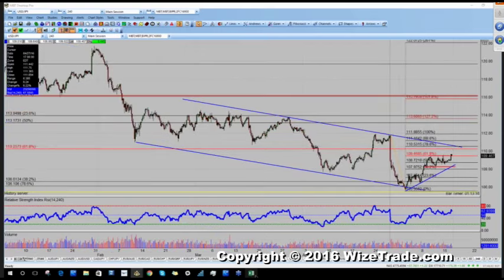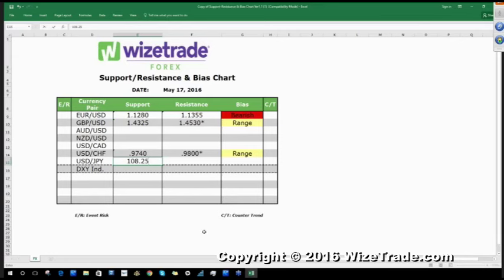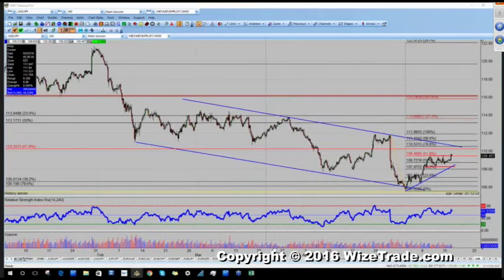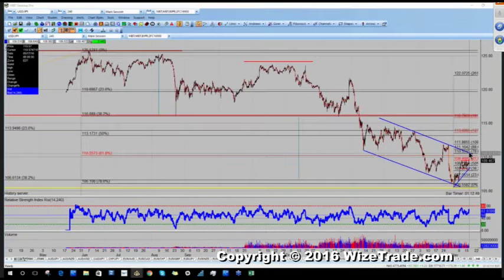It comes in at 110.50. We're in a range, but we will go bullish if we break above this 110.50.